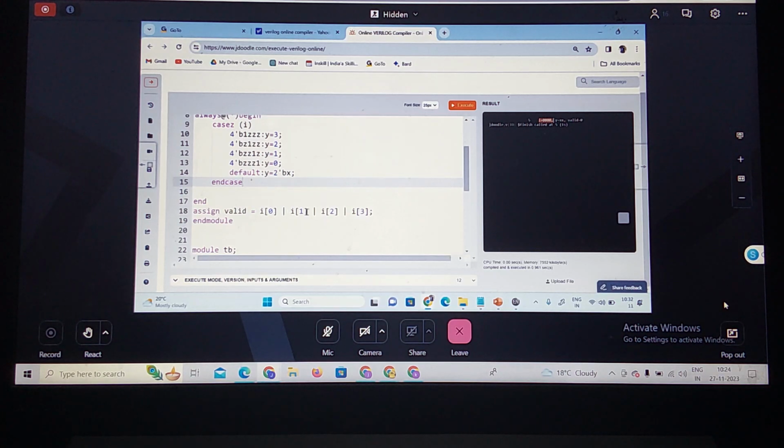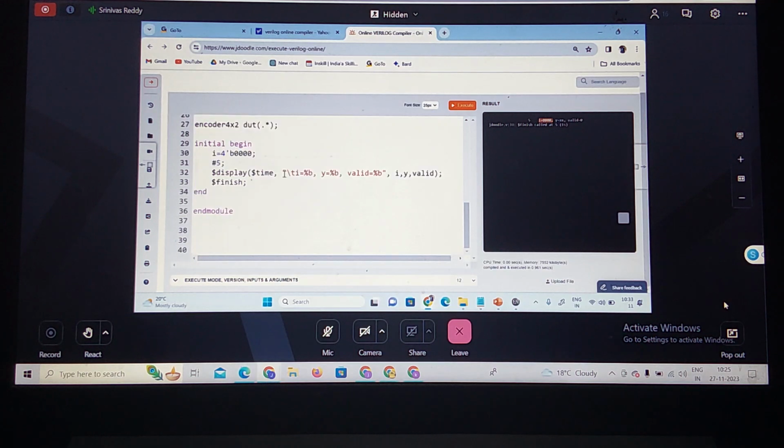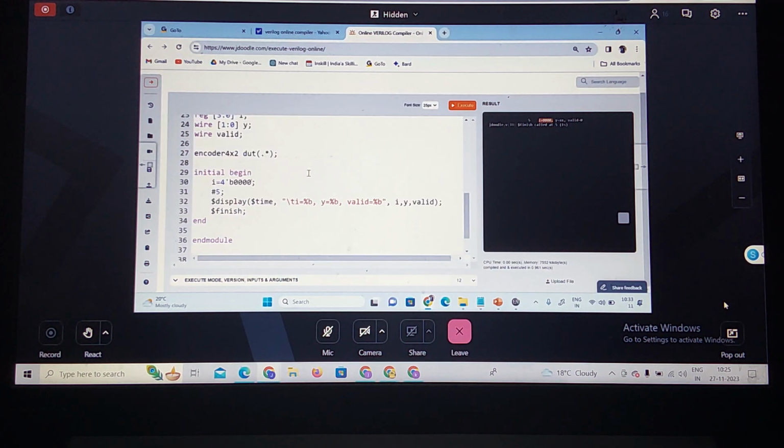If all inputs are 0, 0, 0, 0, the output of this is 0. So do you think this is working as an encoder correctly? Okay, let me do one thing. I am going to repeat this. Shall I repeat? Repeat 5 times. Begin.